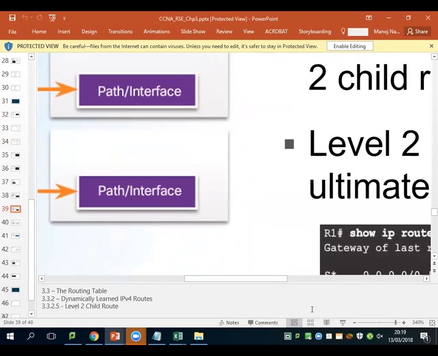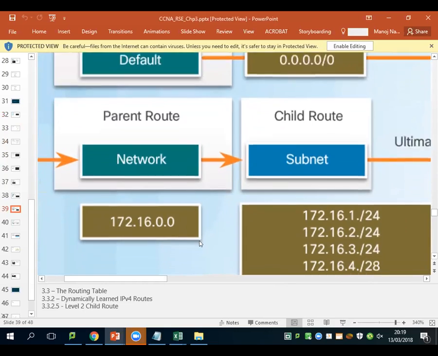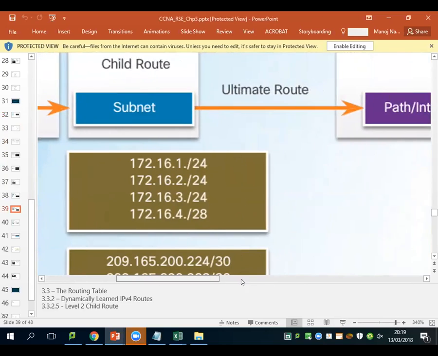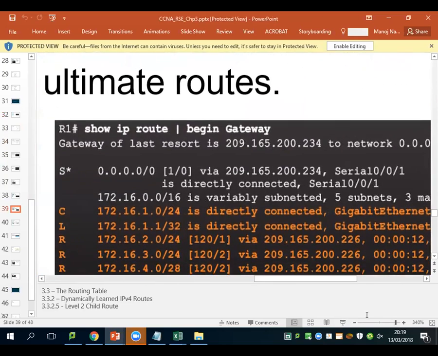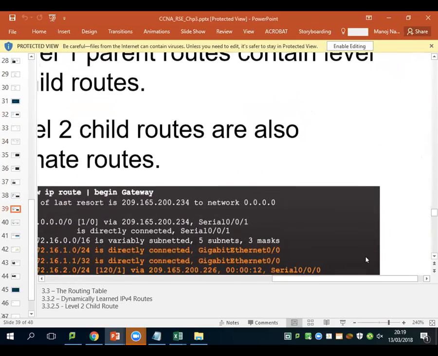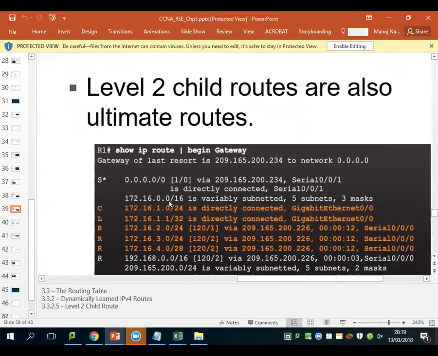To zoom in on this one, go over here. You can see that's your summary of a network. Here are your subnets within that parent route. If I go this way, you'll see how they're described. There are your child routes. So, parent route, and there are your 5 subnet routes, which are called level 2 child routes.